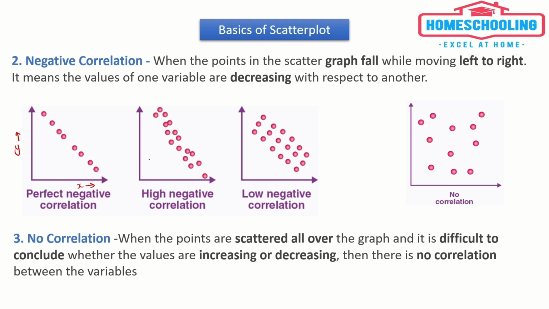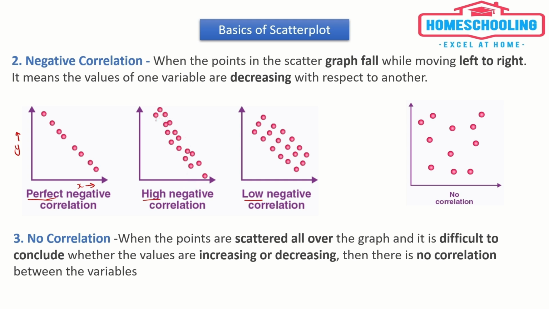So this type of correlation in a scatterplot is called a negative correlation. And in negative correlation, we have three types: perfect, high, and low. When the data points in a scatterplot are falling almost in a straight line, then it is called a perfect negative correlation.